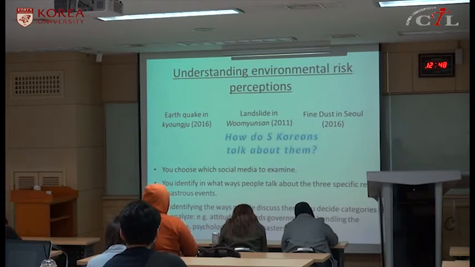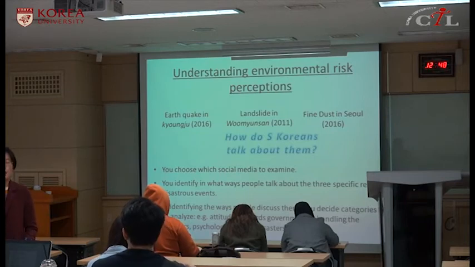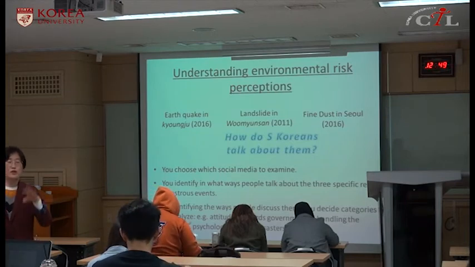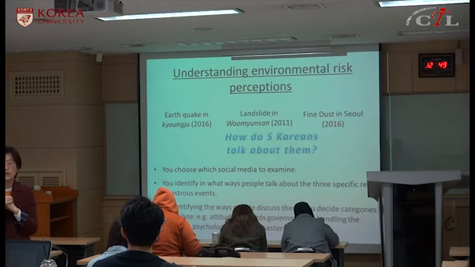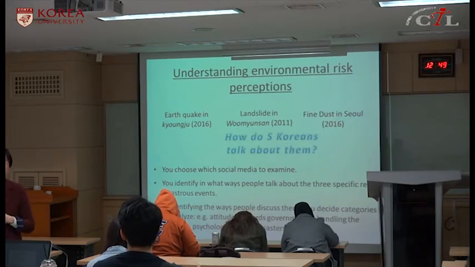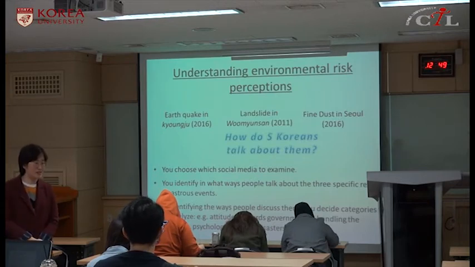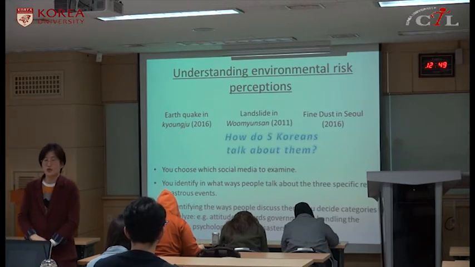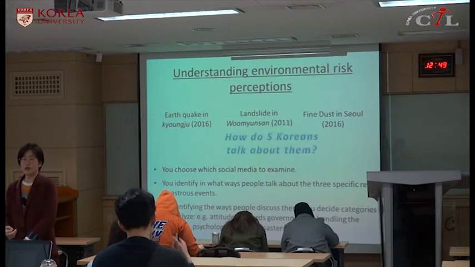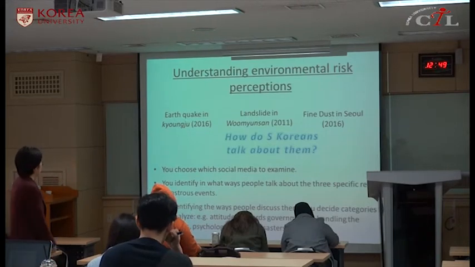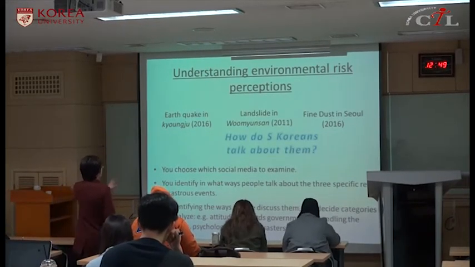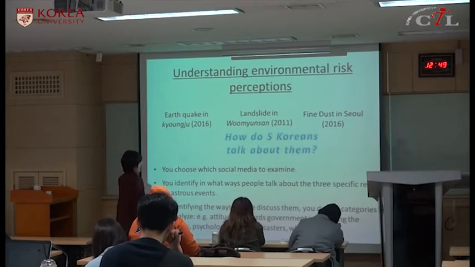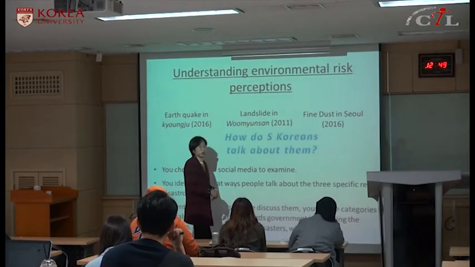They do not have a published paper, but they only upload their news online. It's called internet news, right? And also some magazines. So you have to choose which one you want to examine, and you have to decide the examination categories. What to examine?